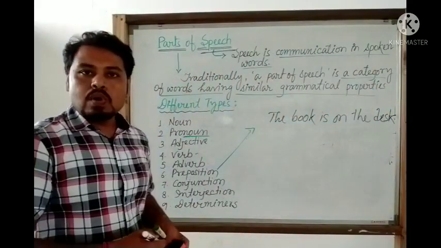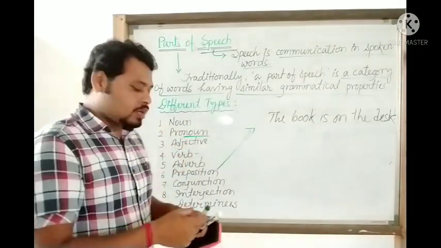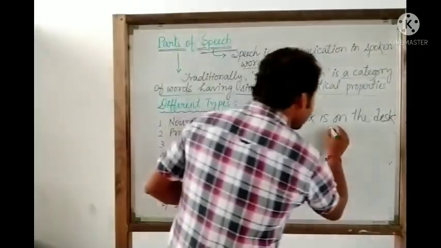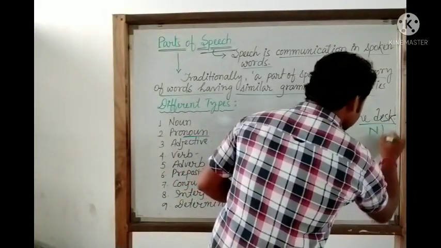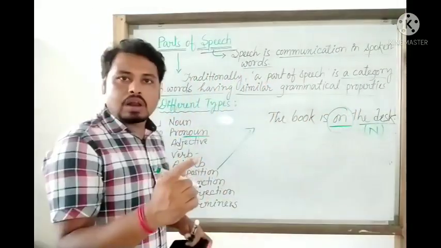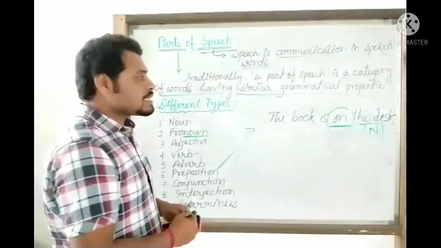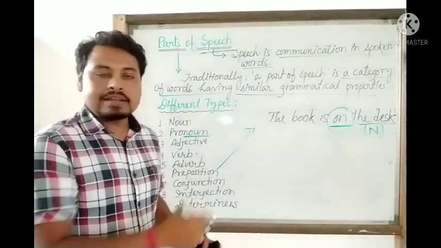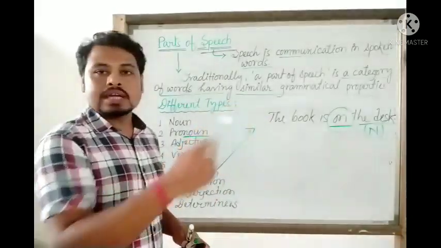If I write, the book is on the desk, so where is the book? The book is on the desk. So you see, the desk is a noun. Now this particular word on is placed before the noun, and it is telling the position of the book, where it is: on the desk.